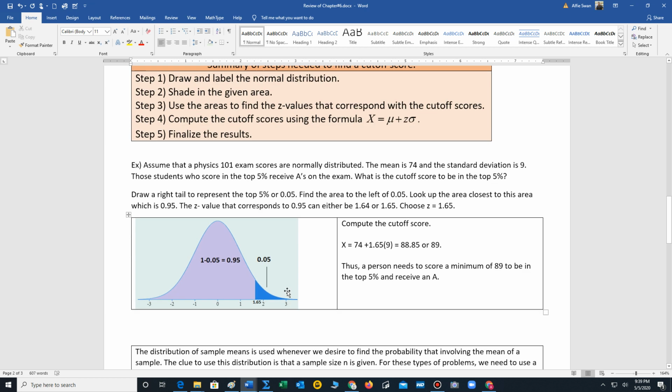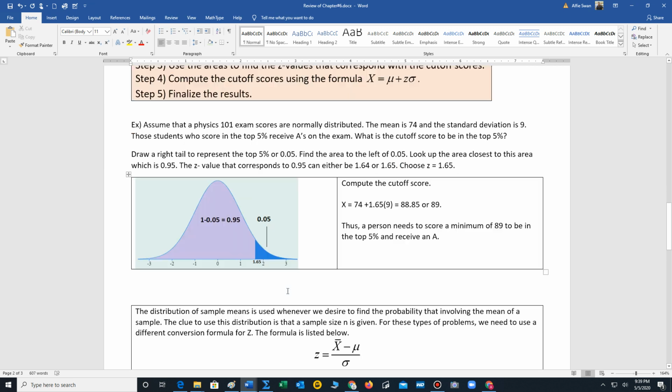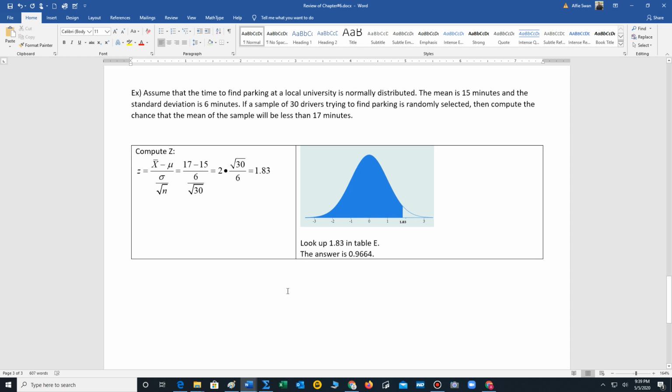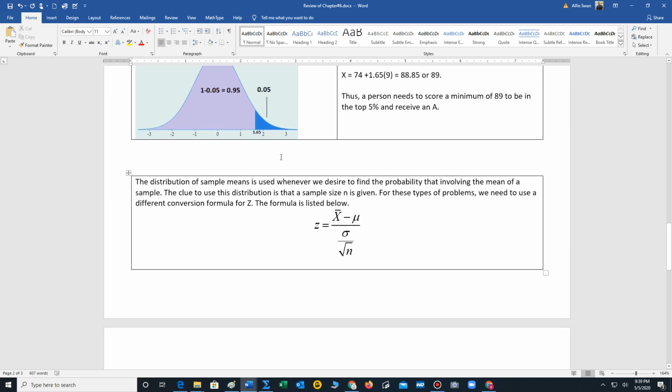Now, that was 6.2, so these concepts are 6.2. Now we get to 6.3, the central limit theorem. So let's go ahead and determine the central limit theorem. To do this, we are going to use a new type of z-score formula.